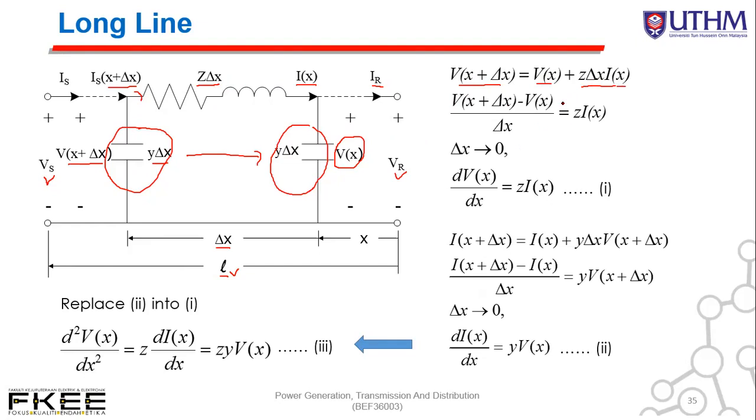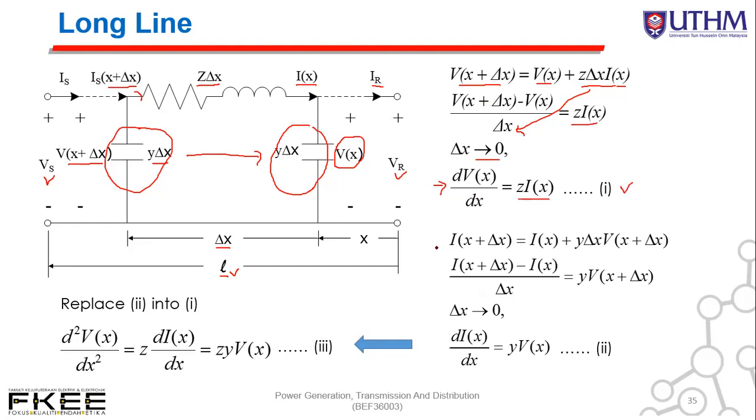So we can simplify this equation. We bring delta x here, so we get Vx plus delta x minus Vx over delta x equal to Z Ix. For delta x approaching 0, we get dVx over dx equal to Z Ix. So this is equation 1.